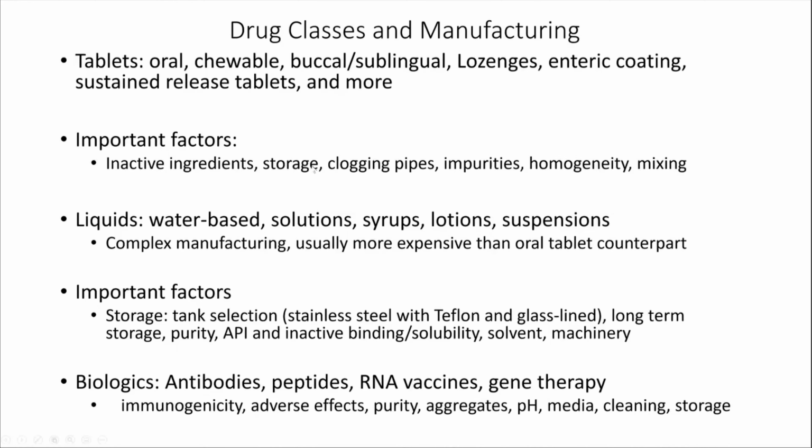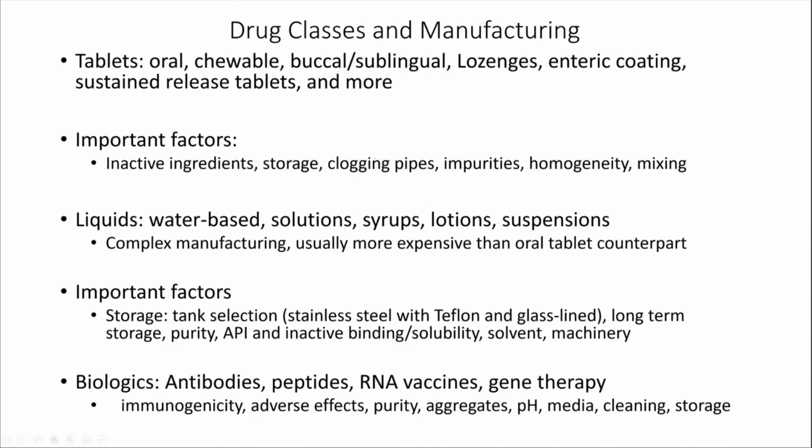Also, storage is important. Depending on what type of tablet you have, the storage may be different. If it's a liquid, usually the storage is at refrigerator or freezer temperatures. If we have a biologic, like an antibody or a protein or a peptide or vaccine, it's usually in the freezer. Things to keep in mind in the manufacturing pipeline: it's literally clogging pipes.